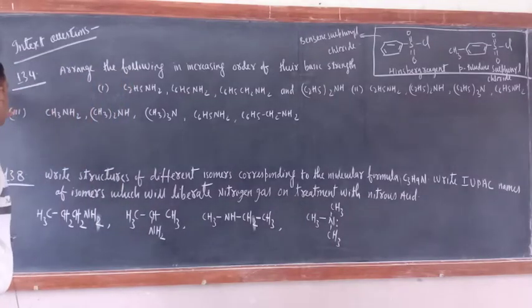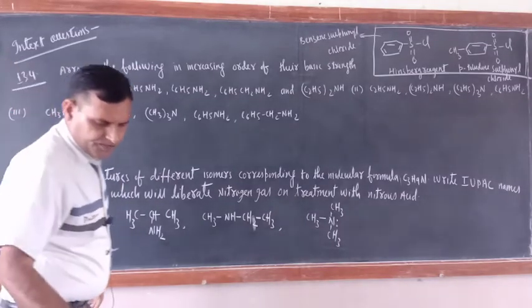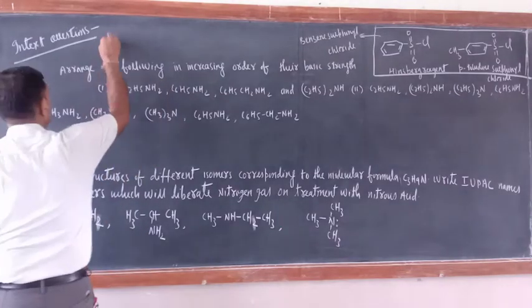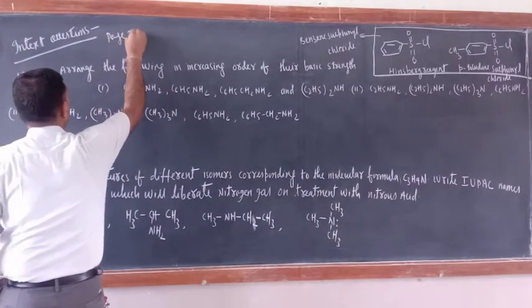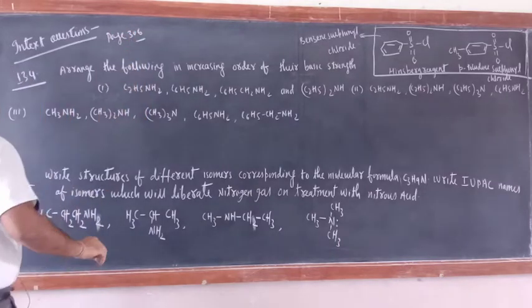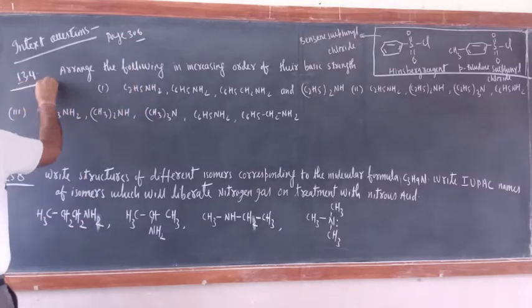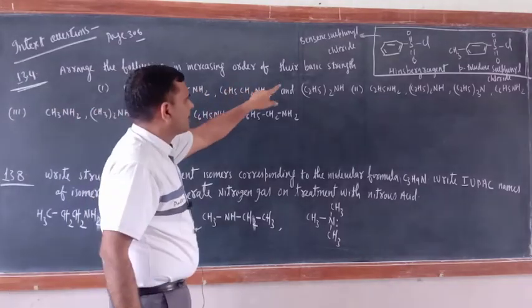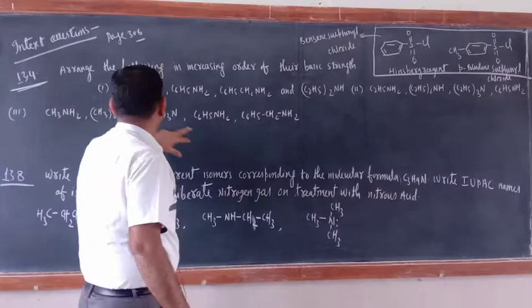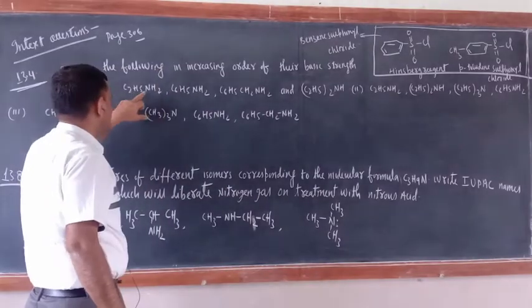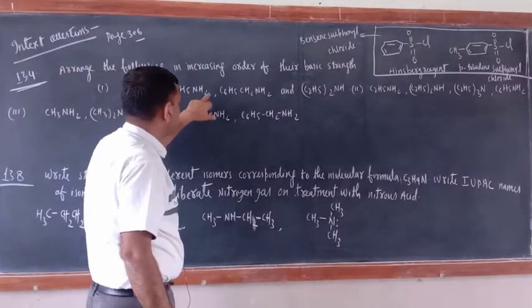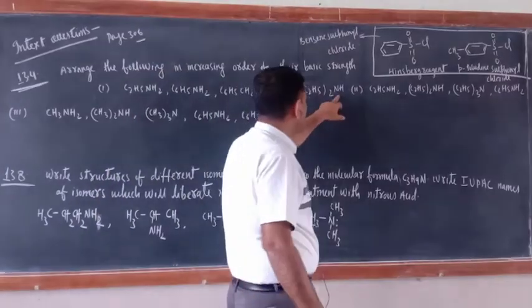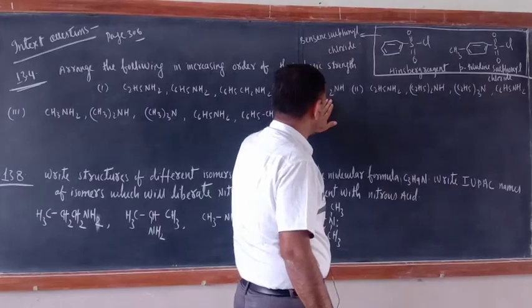Now here some in-text questions are there on page number 306. In-text question number 13.4: Arrange the following in increasing order of their basic strength. The first one: C2H5NH2, C6H5NH2, C6H5CH2NH2 and (C2H5)2NH.